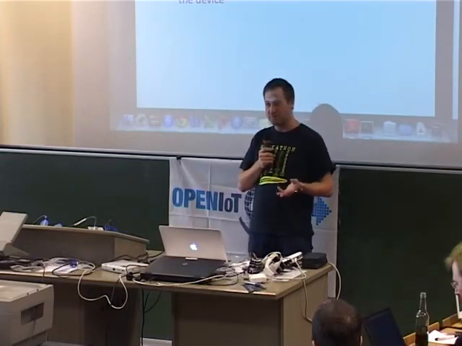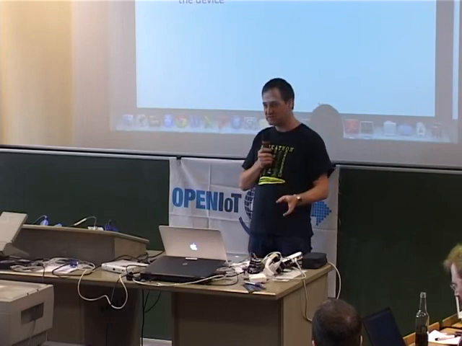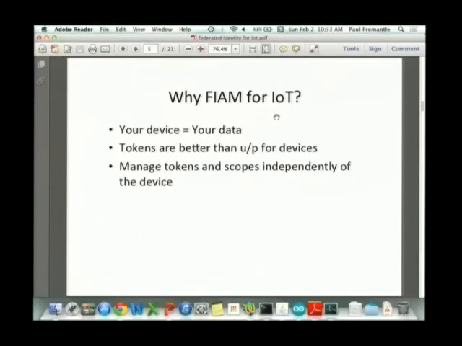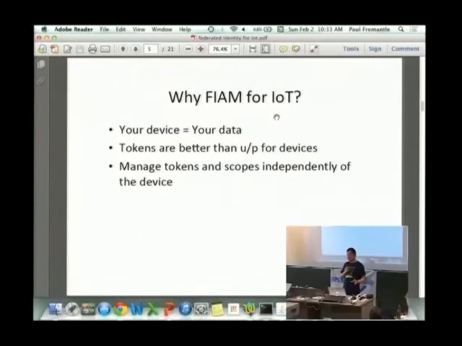Another reason, a very technical reason, is that tokens are a much better model for managing identity in a device. So most server-to-server communications these days, if they're designed properly, rely on tokens because a user ID password is for a person, not for a device. And another thing that depends on your OAuth implementation, but you can potentially manage the tokens and the scopes quite well.